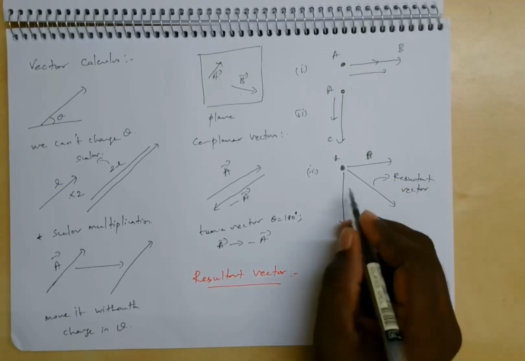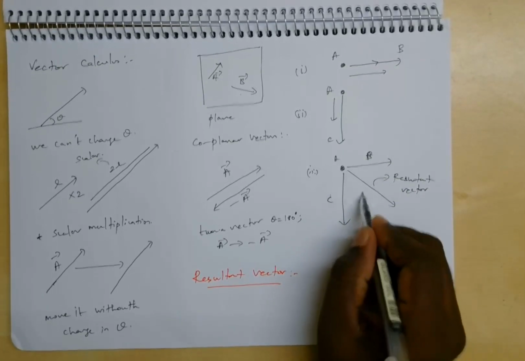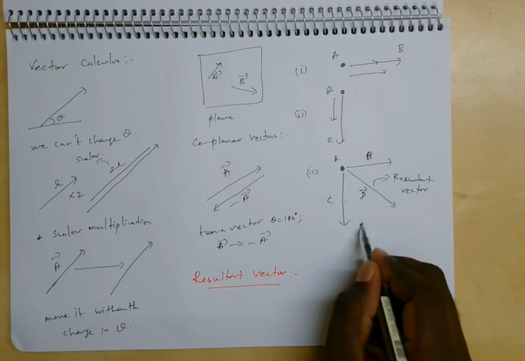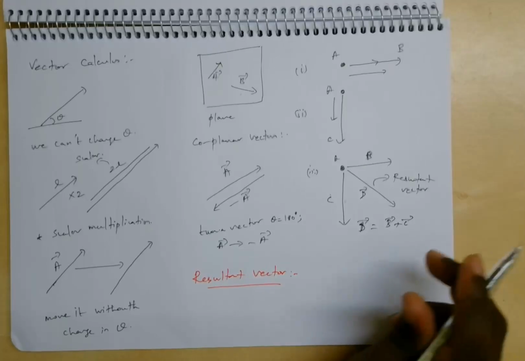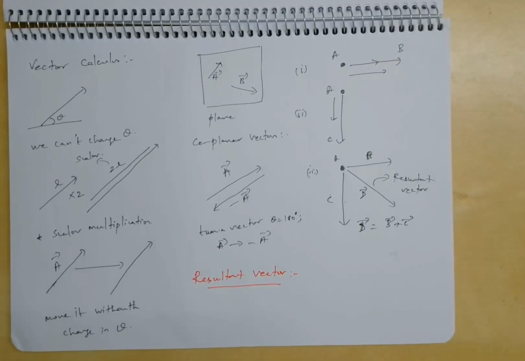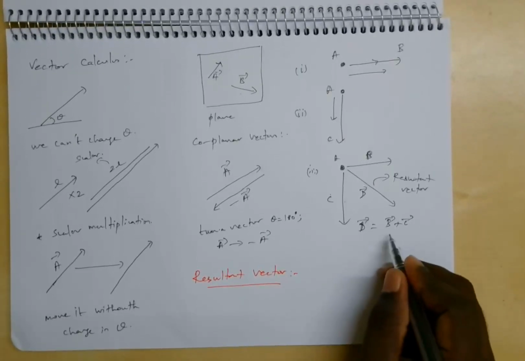Let's say we call the resultant vector D. D is nothing but B plus C, and it has this additive property.